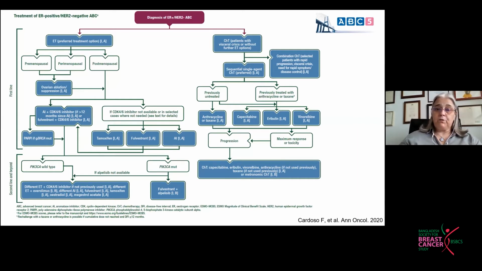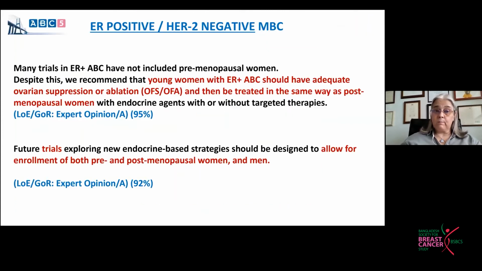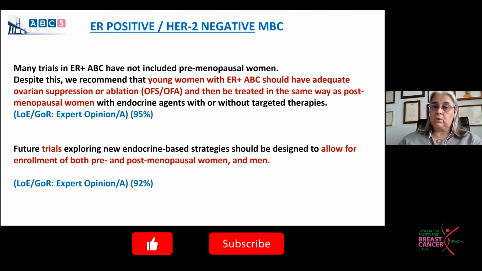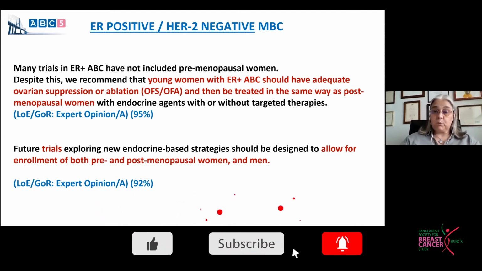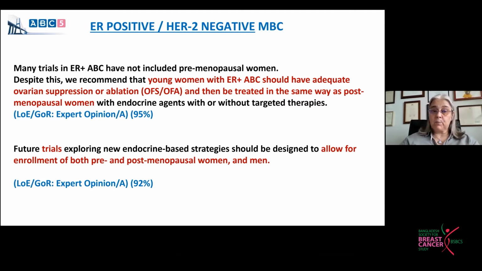One point before I go into the details, and I think very important for your region of the world, where you have a high proportion of young women having metastatic disease. Many trials in this setting have not included premenopausal women, and this is something we have been fighting to avoid. So the first recommendation for a young woman with advanced breast cancer is to induce menopause, to do an ovarian suppression or ablation.